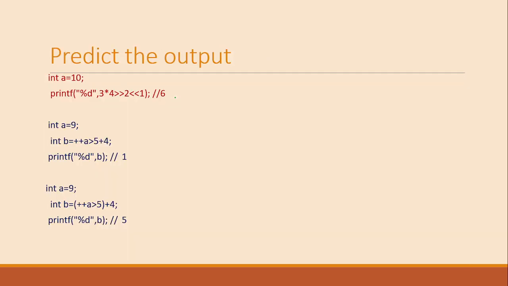Now coming to this one, which has the highest precedence? In this case, we can see arithmetic operators have the highest precedence. You have bitwise operators also, right shift and left shift. So 3 into 4 is 12. So 12 right shift 2 and left shift 1. Now we have one right shift operator and one left shift operator. So what is the associativity? Both have equal precedence, so evaluate from left to right.